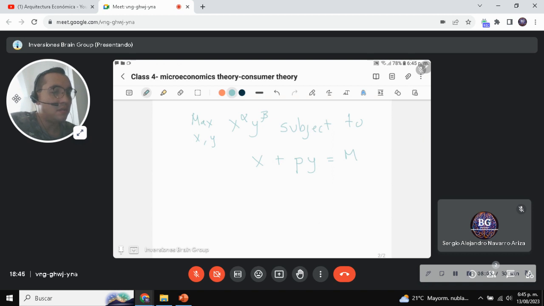Using the Lagrange multiplier method, we get the marginal utility of x divided by the marginal utility of y is equal to the price of x divided by the price of y.